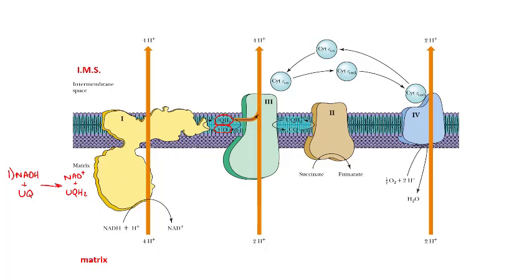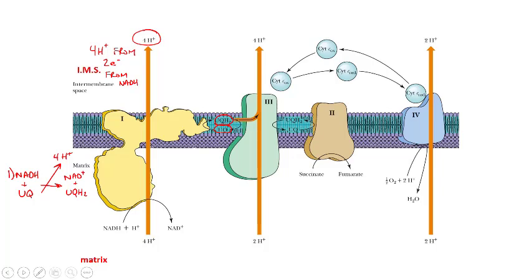In the process of handing off electrons from NADH to coenzyme Q, we get 4 protons pumped from the matrix, which is the bottom of the page, to the intermembrane space at the top. So we get 4 protons from 2 electrons from NADH.